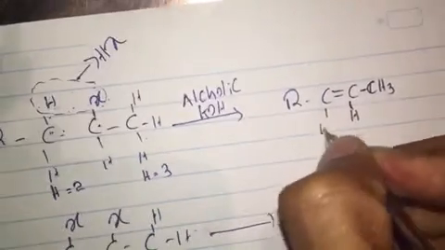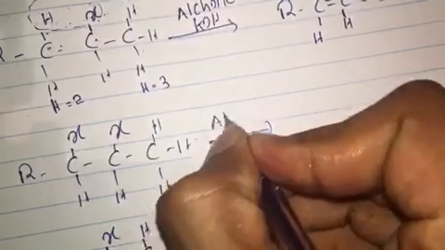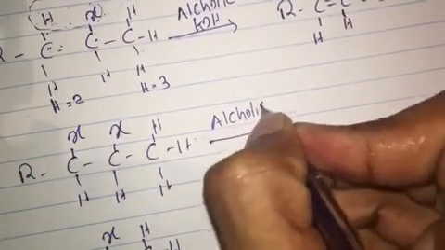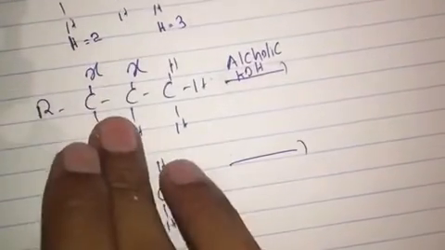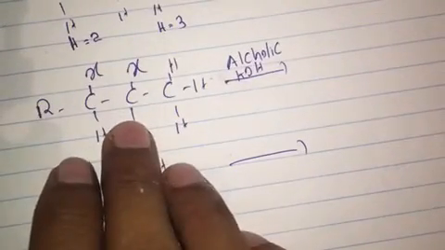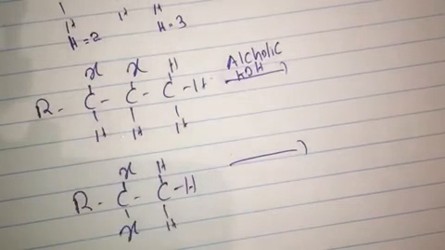This is the alkene. See this one, I again add alcoholic KOH to this molecule. This molecule has 2 halogen groups.